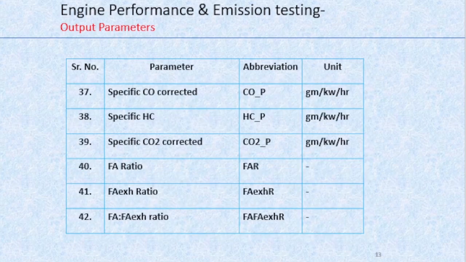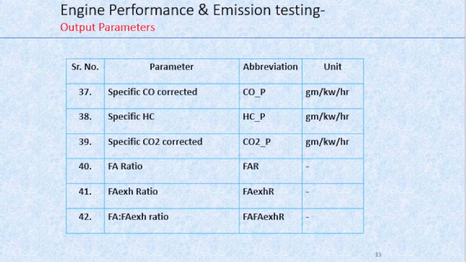Coming to the next slide, here some more parameters like the FA ratio and the FA exhaust ratio are mentioned. Especially FA is the F to A ratio, which is observed from fuel consumption and air consumption in the engine measurement.